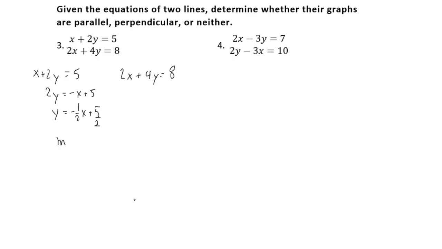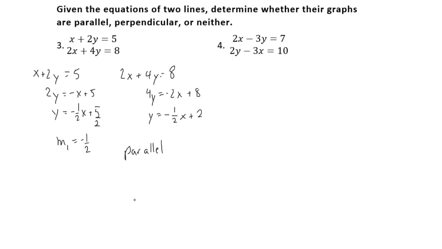So you can see the slope of this one is negative 1/2. So what we need is either this to be negative 1/2 or this to be a positive 2. So we have 4y equals, move the 2x over, so negative 2x plus 8. Divide everything by 4, and you get y equals negative 1/2 x plus 2. You can see that they are the same, so this is an example of parallel lines.